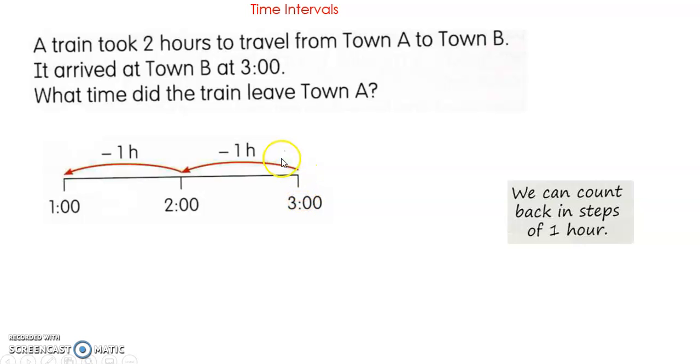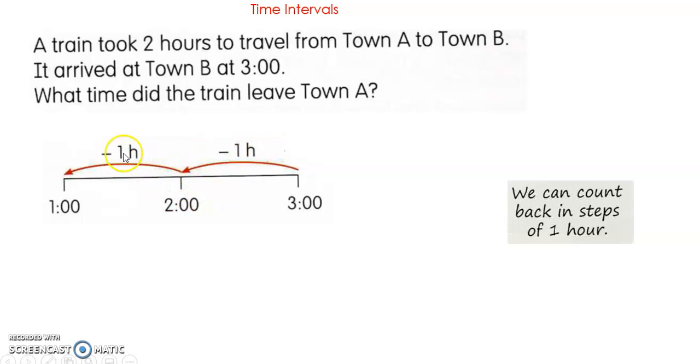So counting back, this means I'm going to subtract each step. I'm going to subtract 1 hour. Because the journey took 2 hours, from here counting back 1 hour, the time becomes 2 o'clock. After that, subtracting 1 hour, the time becomes 1 o'clock.